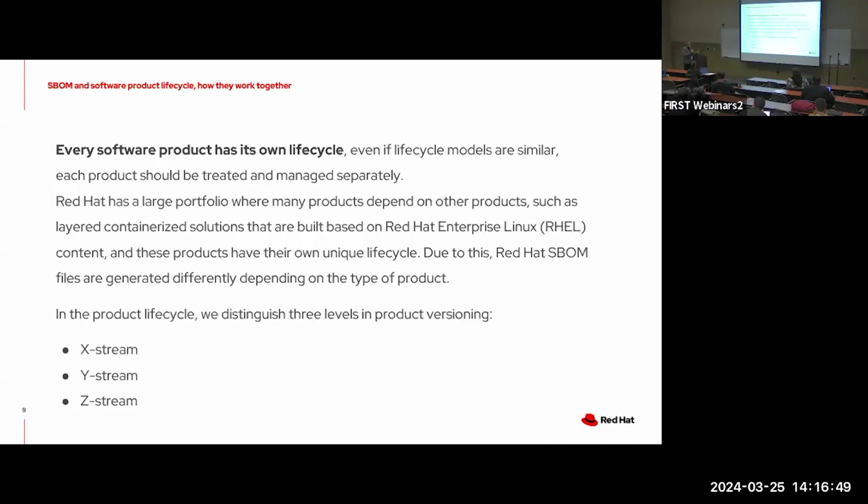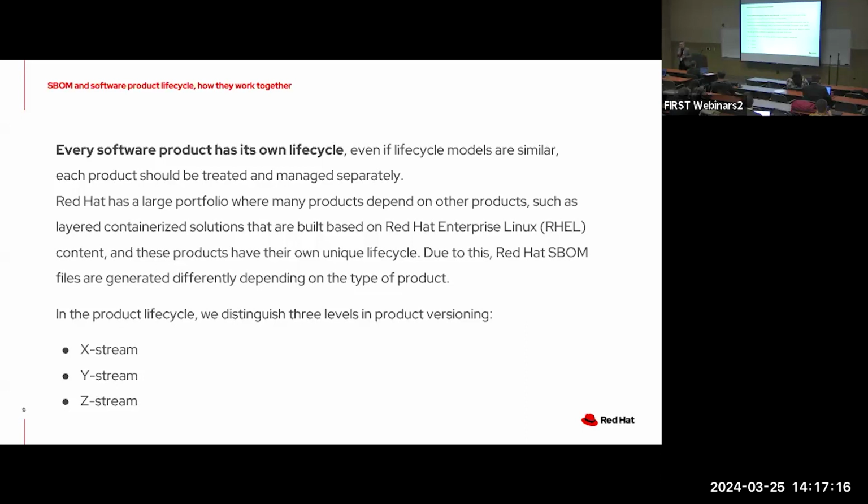In the product lifecycle, we can distinguish three levels of product versioning: X-stream, Y-stream, and Z-stream. X-stream is like the major GA, the main version of the product, like RHEL 8, RHEL 9, OpenShift 4. Y-stream represents the specific product streams in the main version.